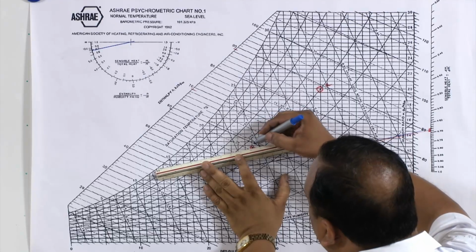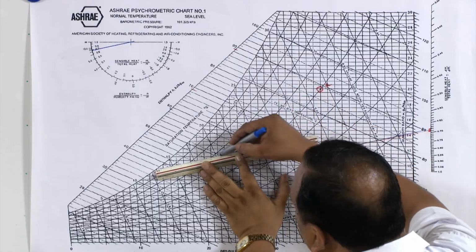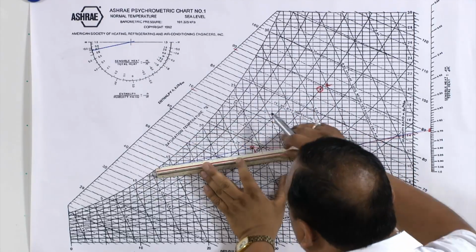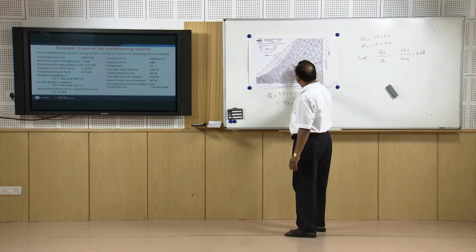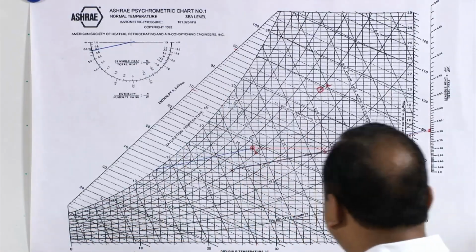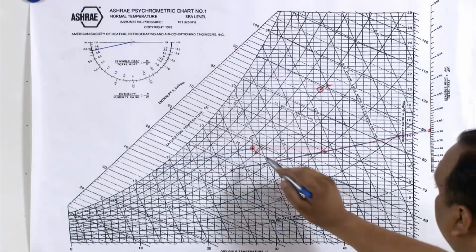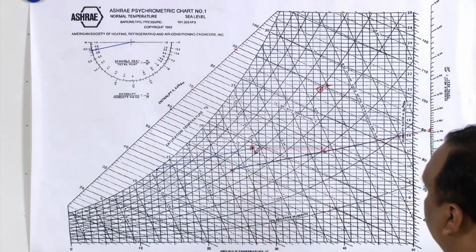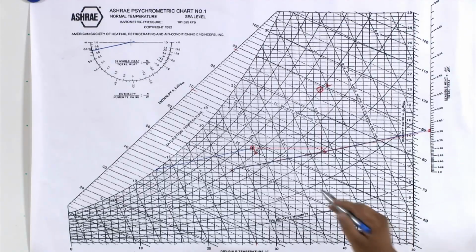That is going to be this line, and it is cutting this line at 13 degrees centigrade. Now this is your inside design condition, and this is your sensible heat factor line.